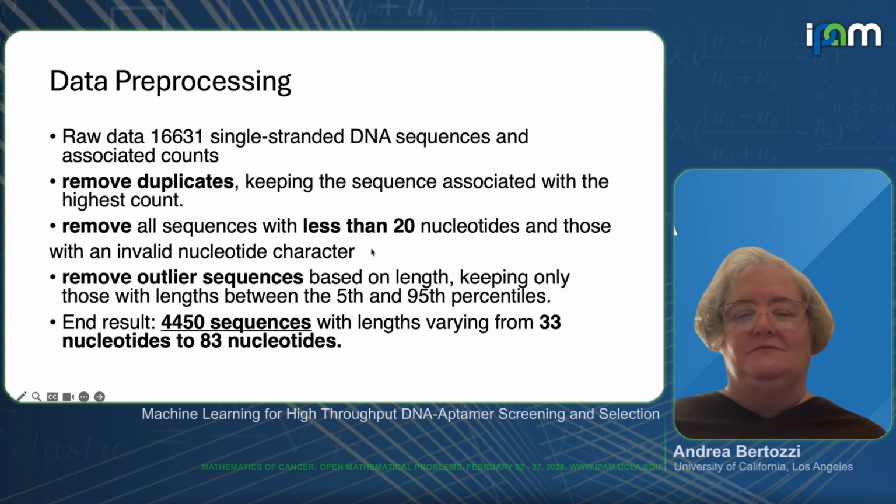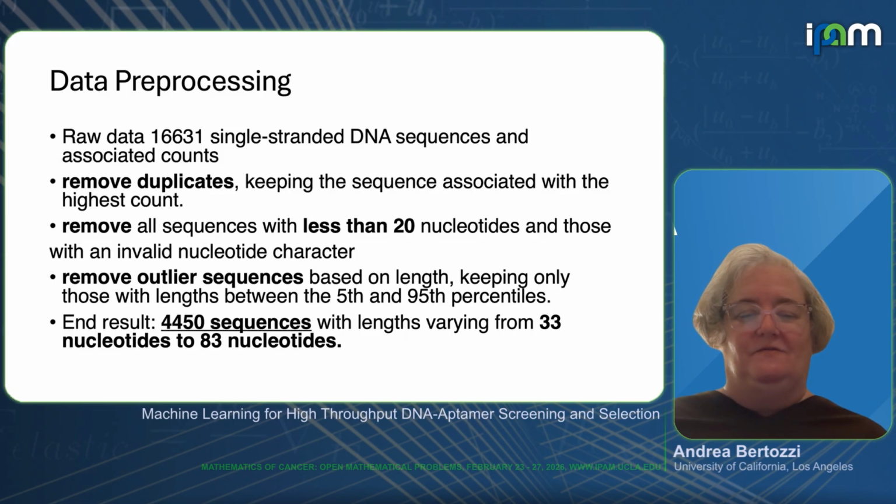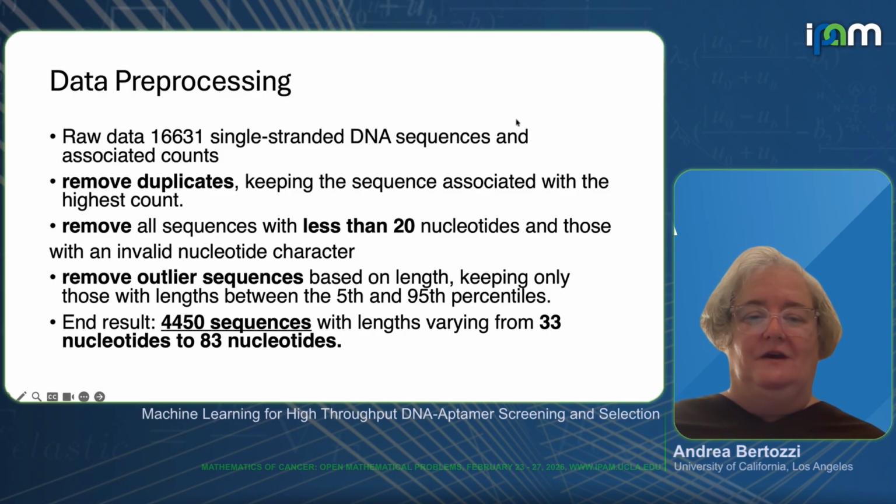We remove all the sequences with less than 20 nucleotides or with an invalid nucleotide character. We remove the outlier sequences based on length; if they're really long or really short, we remove them too. We end up with 4,450 sequences, with lengths varying from 33 to 83 nucleotides.